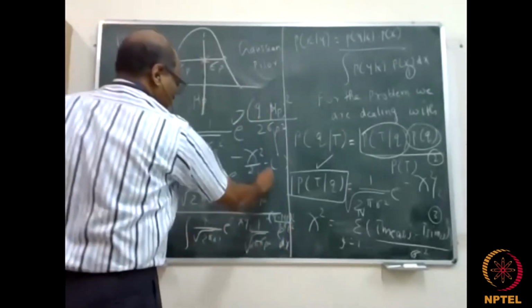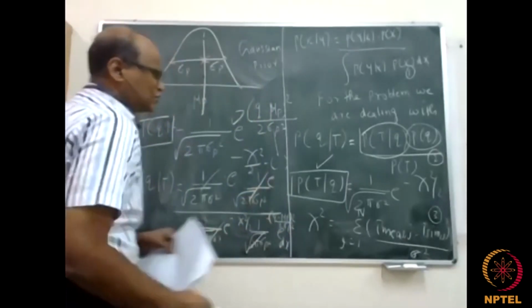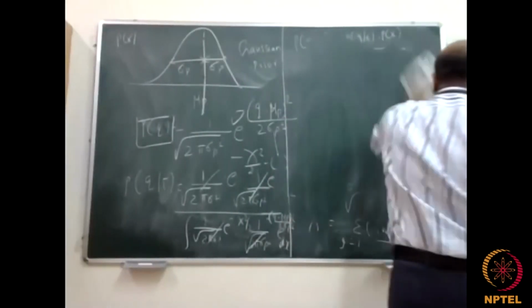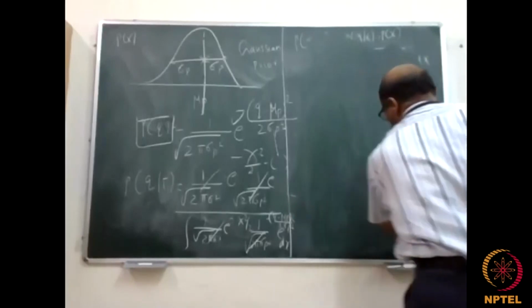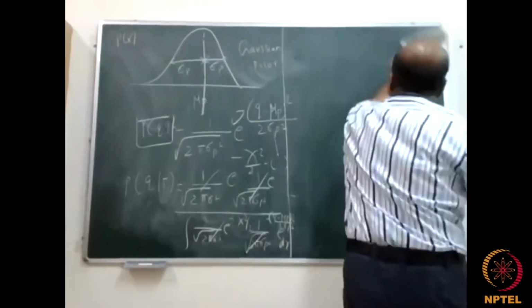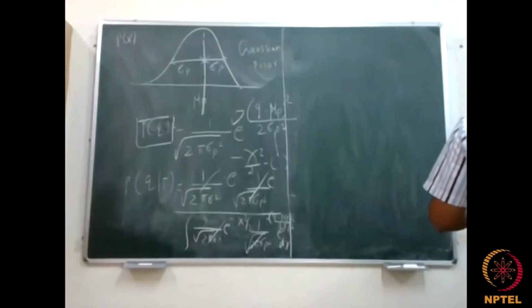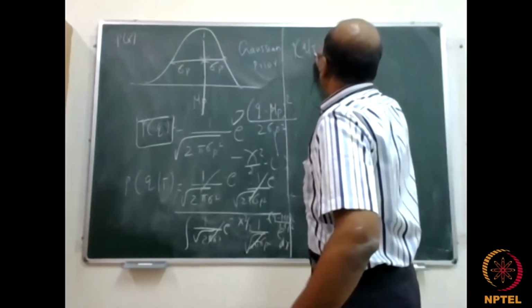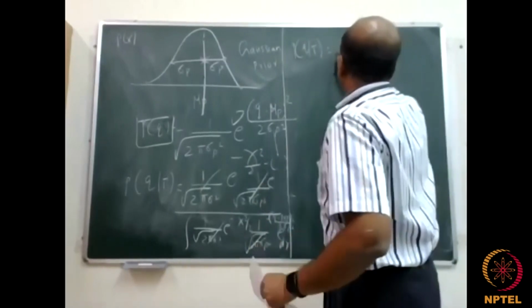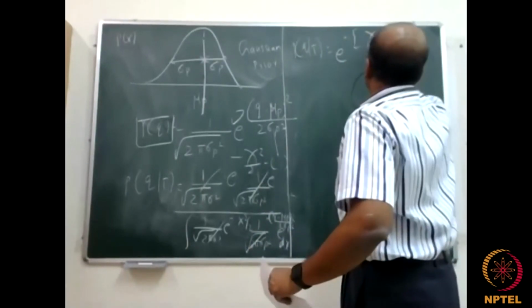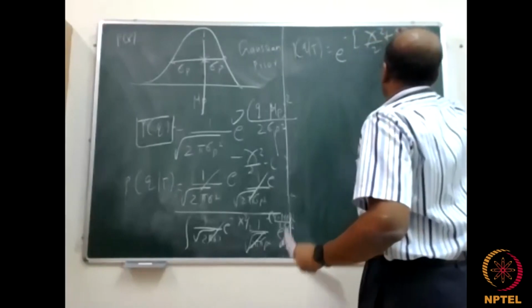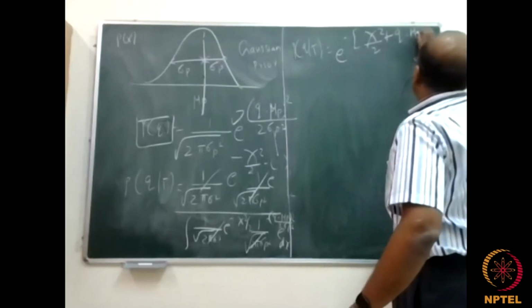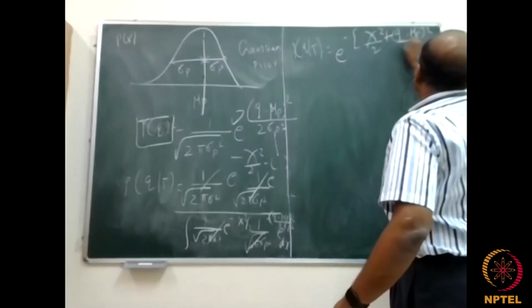But you can see that all these root 2 pi sigma square terms will get cancelled. It looks monstrous, but it is not very difficult. You can easily figure this out. Therefore, P of Q given T is given by e to the power of minus chi square by 2 plus Q minus mu P, and so on. So this is for a single parameter problem.